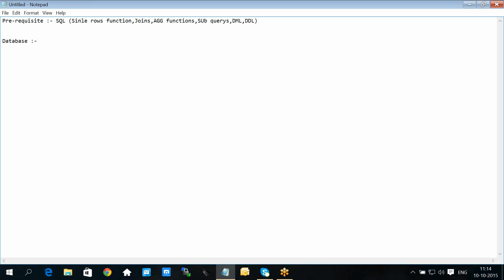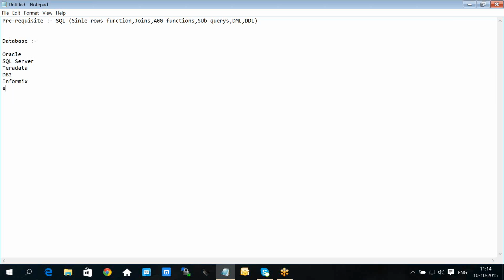The popular databases are Oracle, SQL Server, Teradata and DB2. Likewise, we also have other databases like Informix, Sybase, and so on and so forth.